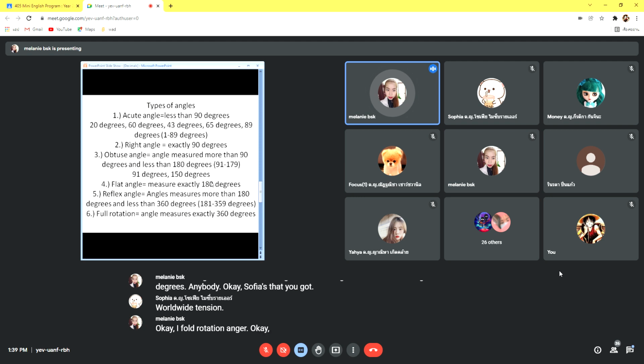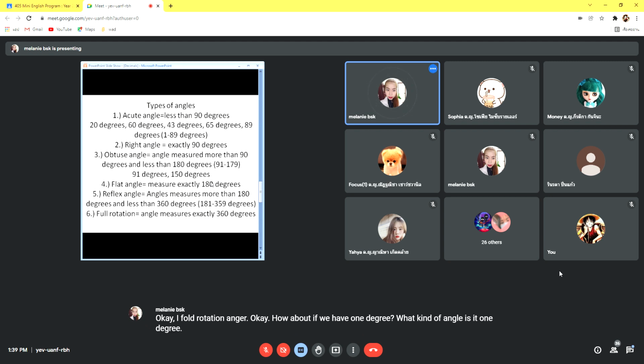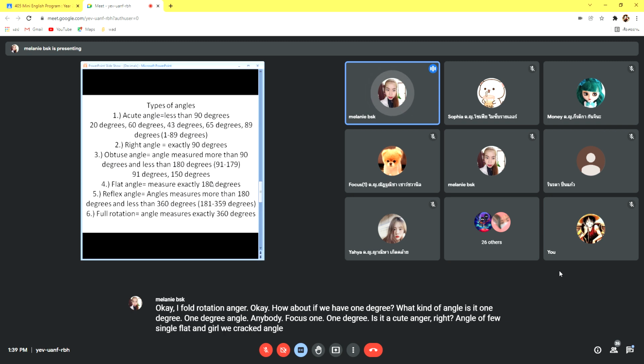Okay, how about if we have 1 degree? What kind of angle is it? Anybody? Focus. 1 degree. Is it acute angle, right angle, obtuse angle, flat angle, reflex angle, or fold rotation angle?